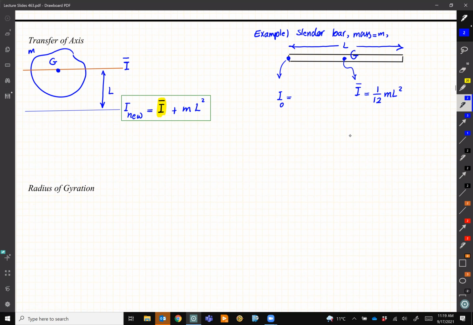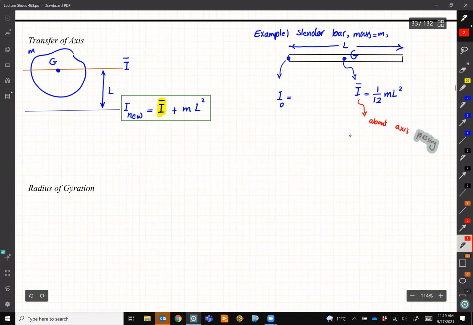We say IG or IO. But in fact, we are talking about an axis coming out of the screen. This is about the axis passing, or let's say at point G, normal to the screen.